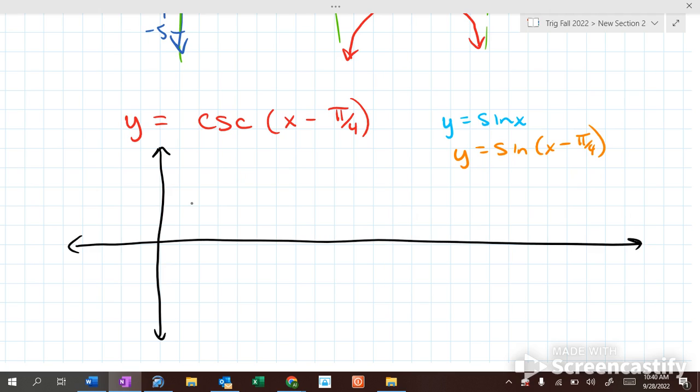So pi over 4, so I'm going to go 4 to get to pi over 2, just so I have enough room for everything.